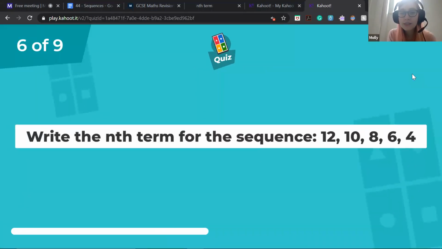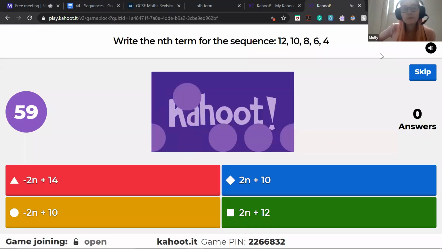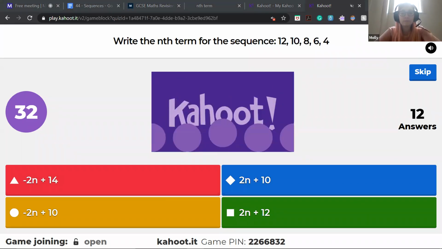Similar question, what's the nth term for this one? Don't worry if you're not sure.